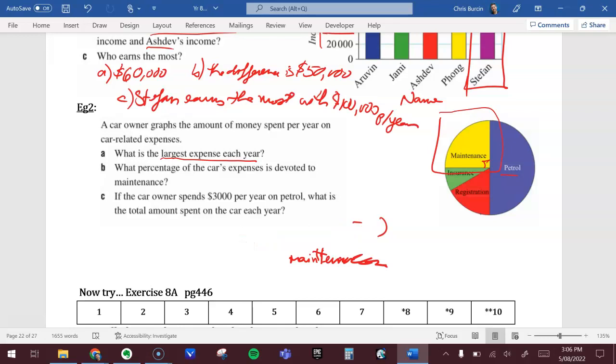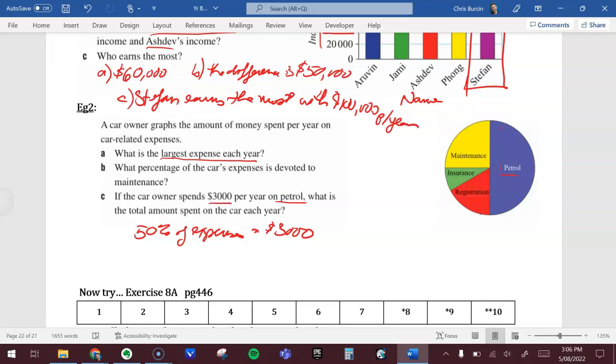If the car owner spends $3,000 per year on petrol, what is the total amount? Well, if we're spending $3,000 on petrol, and we've determined that 50% of the expenses equals $3,000, because we know that half, or 50% of the circle, is devoted to petrol, then how much is 100%?